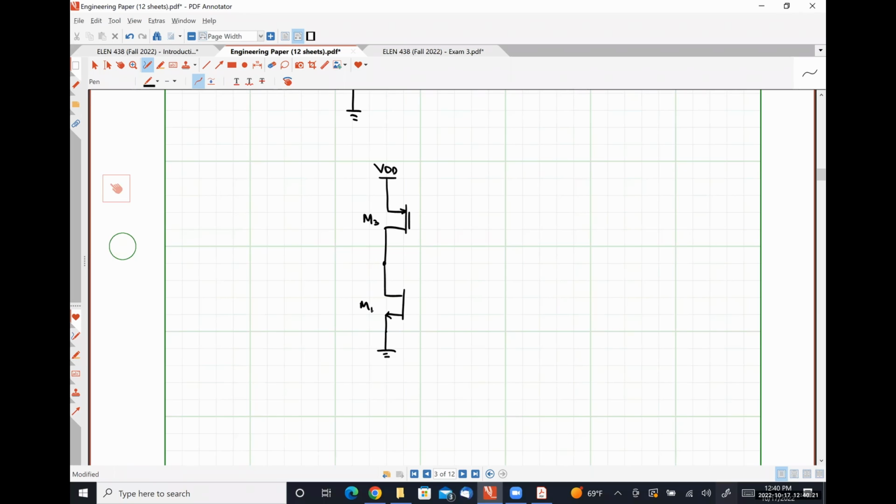This guy is M1. Here is M2, our bias resistor.